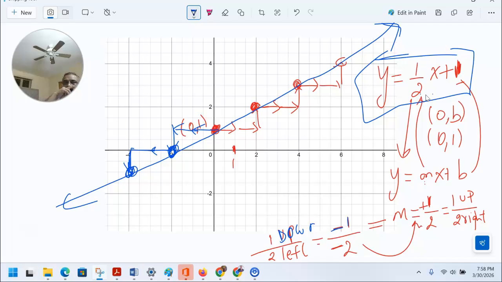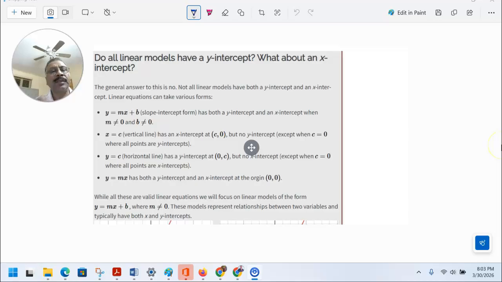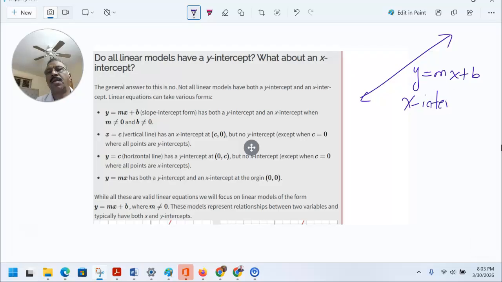I hope I'm making sense. Let's do another one to understand this. The next piece is about understanding: for a line of the form y equals mx plus b, does every line have both an x-intercept and a y-intercept?